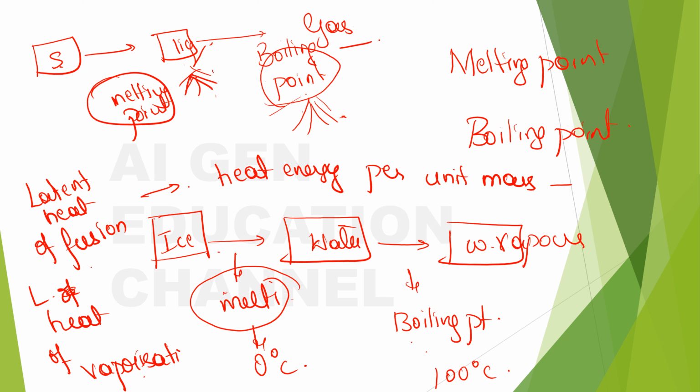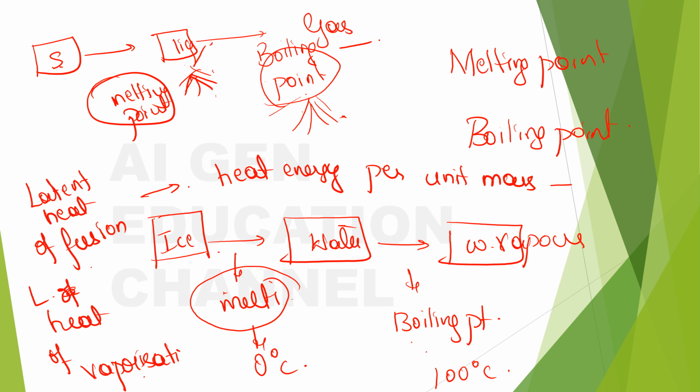In simple terms, we are saying that we need this much heat energy to convert a unit mass of ice into water, or to convert a unit mass of solid to liquid state, right? So it is an easier way to understand the latent heat of fusion for some substance and compare it with other substances.